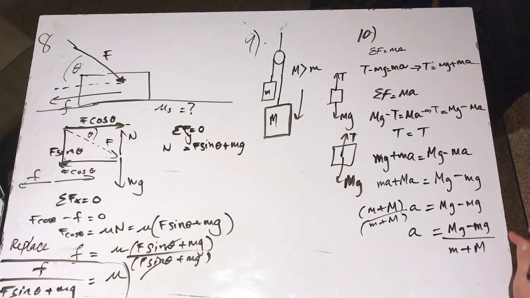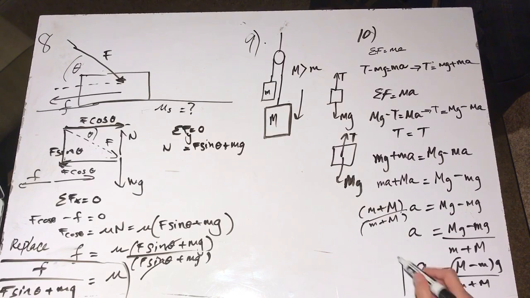Isolate this one again: a equals (M minus m) g over (M plus m). That's your answer. That's how you figure out the acceleration.